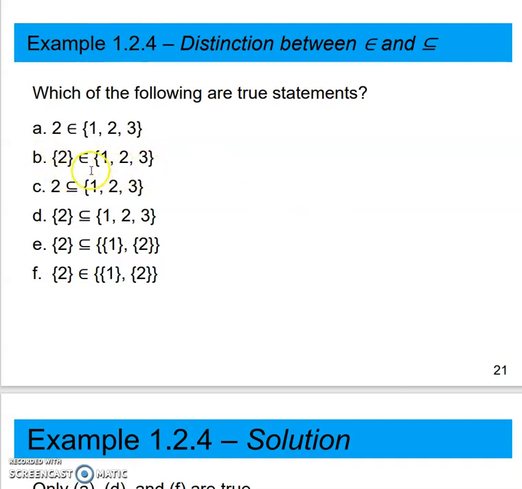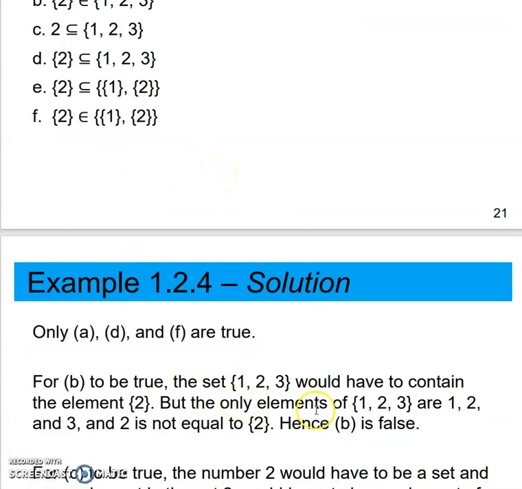Now B, I've got it almost the same, but I've also got the curly brackets around the 2. So I'm saying the set 2 is an element of this set. That is not a true statement. And in order for that to be true, that second set would have to have curly brackets around the 2, which it does not.